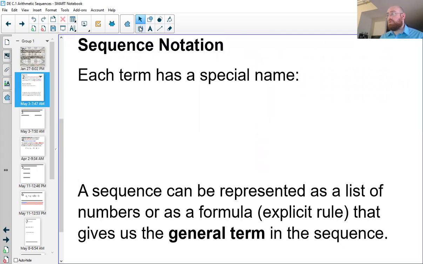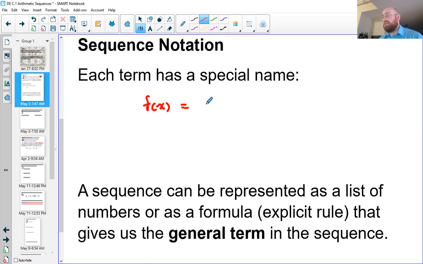So we might be more comfortable or familiar with function notation. So function notation has something like f of x equals an expression.